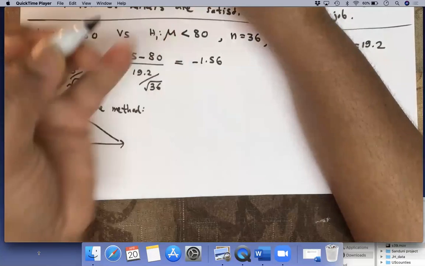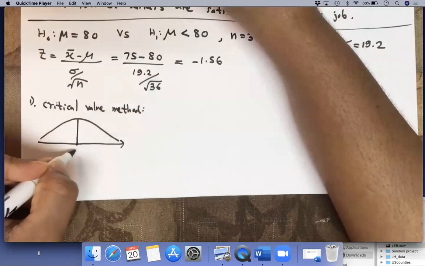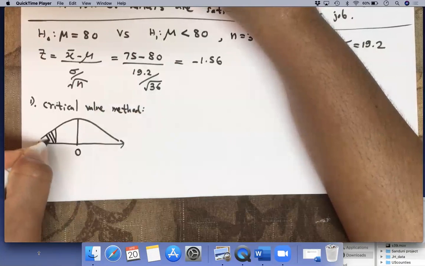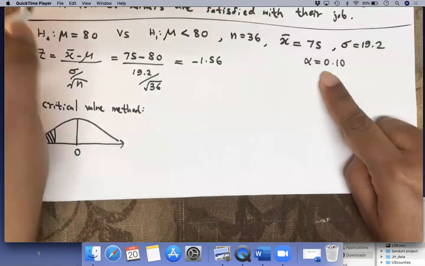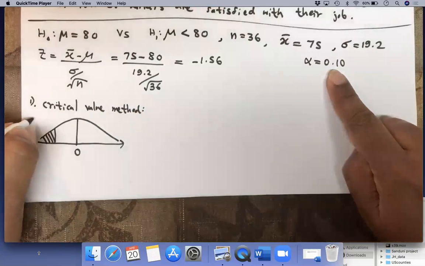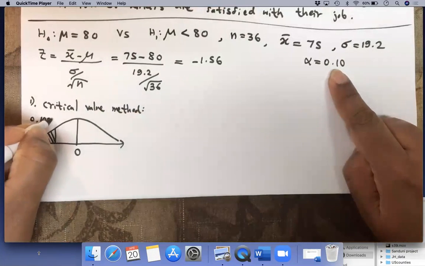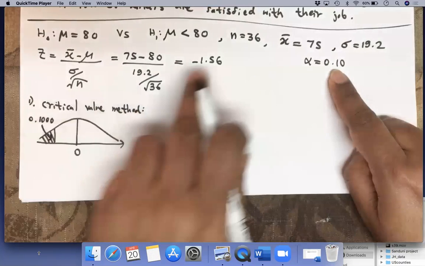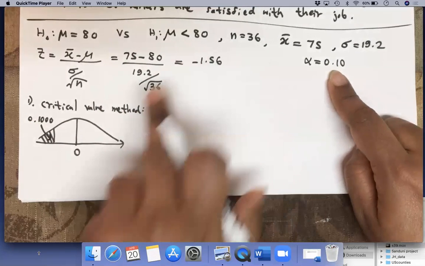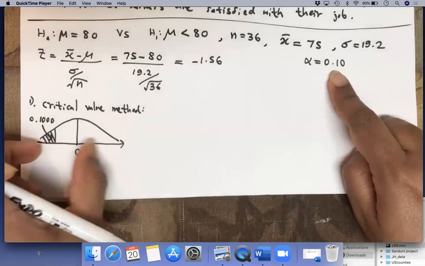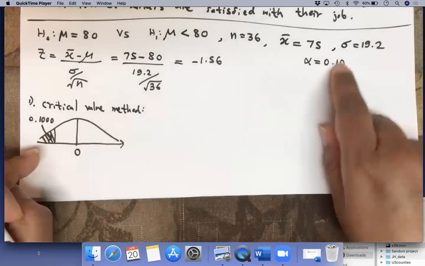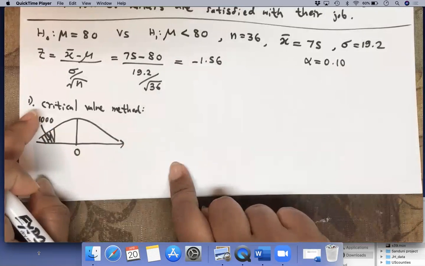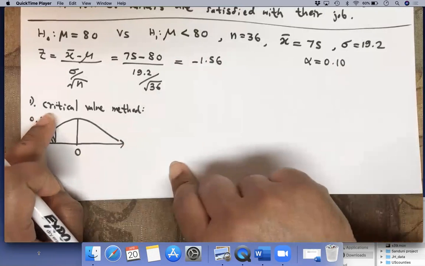According to this method, first draw the picture. We have a left tail test. Our significance level is 0.10. Please remember, we don't have a two tail test, so we have only one rejection region. It's on our left side, and its area is our significance level, 0.1000.